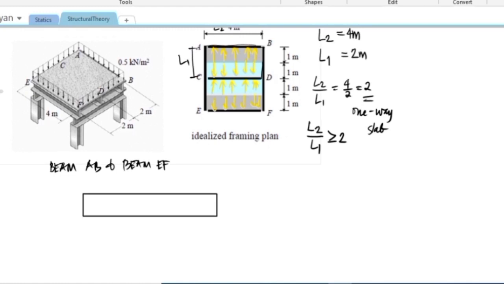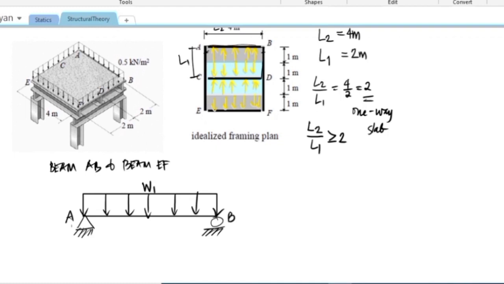Makikita natin dito that the load na kakargahin ng beam AB is a rectangular load or a uniformly distributed load. And it is supported by a pin support here and a roller support here. So, we assume that this is simply supported kasi the beam AB is not touching the girder here at point A and here at point B. So this is point A and this is point B. Now, since this is a uniformly distributed load, yung gagawin natin ngayon is to compute the magnitude of the UDL, that is W1.